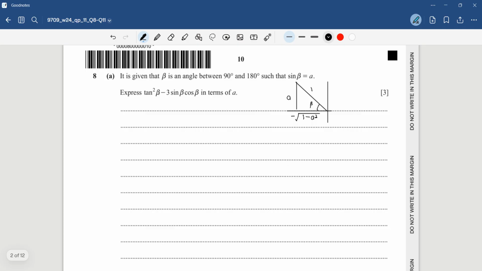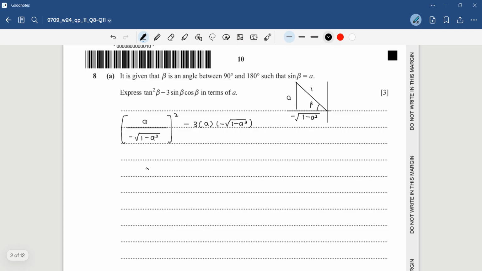Express tangent square beta minus 3 sine beta cos beta in terms of A. Tangent will be A over negative square root of 1 minus A square, squared, minus 3 times sine beta, which is A, and cos beta will be negative square root of 1 minus A square.